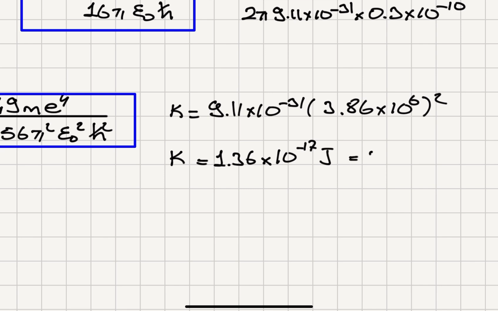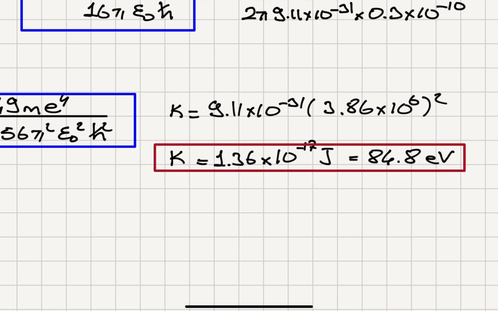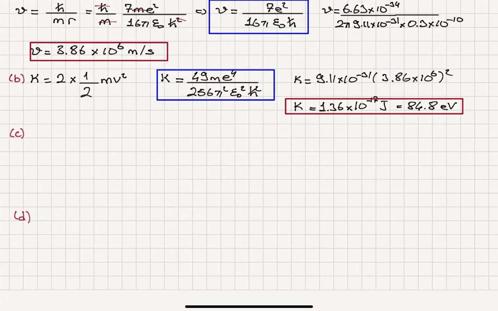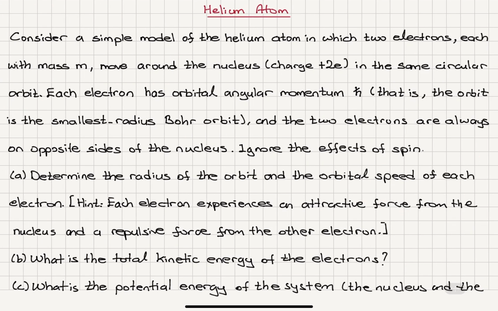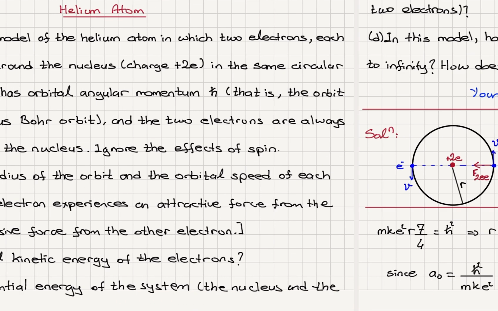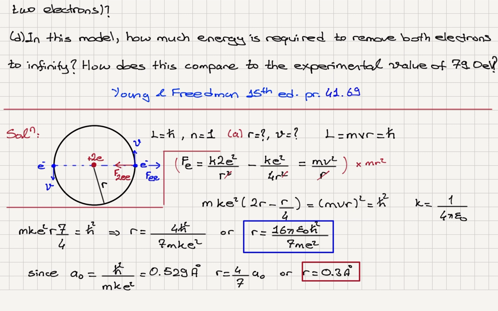If you divide it by the electron charge, 1.6 times 10 to minus 19 coulombs, you obtain 84.8 electron volts for the total kinetic energy.